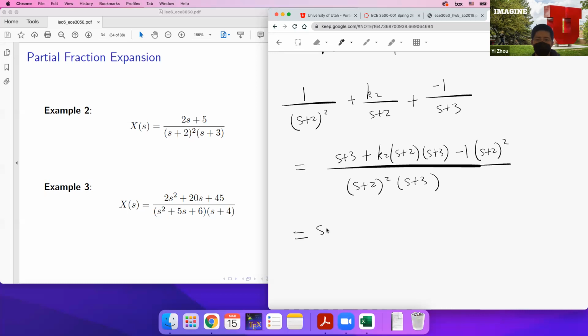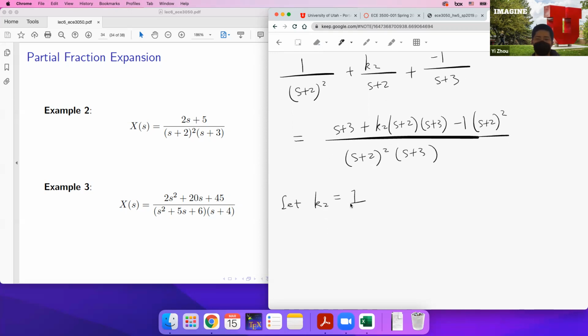But let's see. Yeah, okay, let's verify. It seems that we have to let k2 be 1 in order to cancel the second-order term. So then the numerator becomes this one: s squared plus 6 plus 5s, and then minus s squared minus 4 minus 4s.